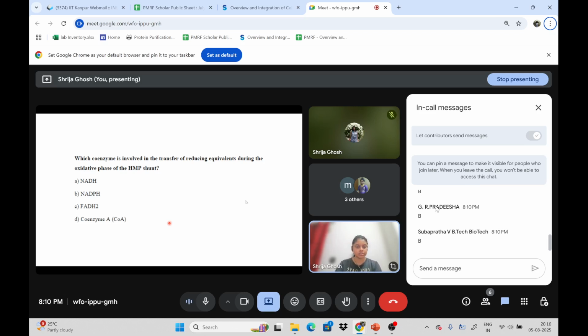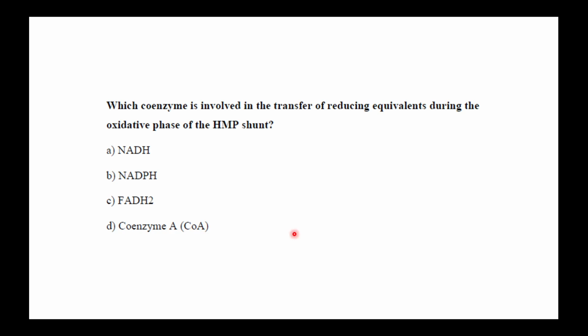So I can see all of you have written option B, that is NADPH, as the answer. That is the correct answer. So HMP shunt pathway is basically a pathway to synthesize NADPH and pentose sugar.